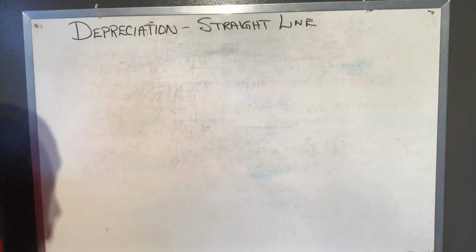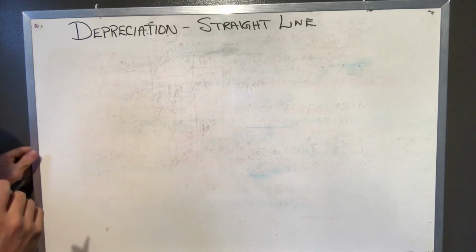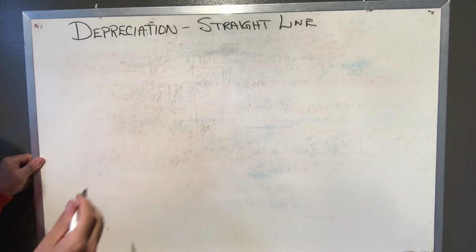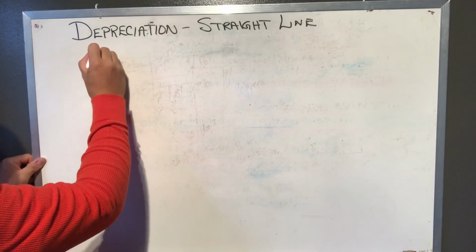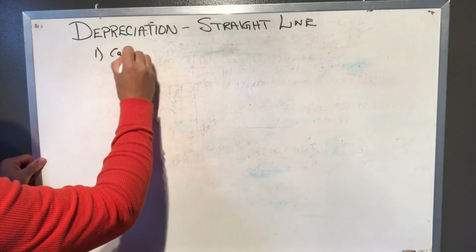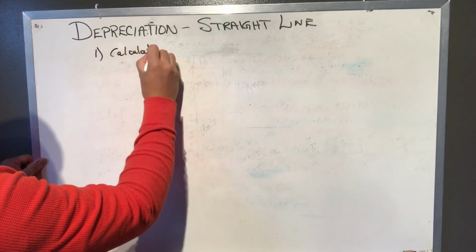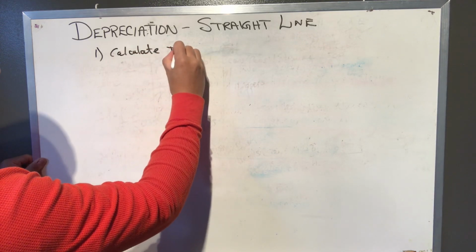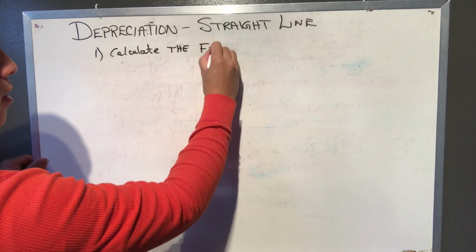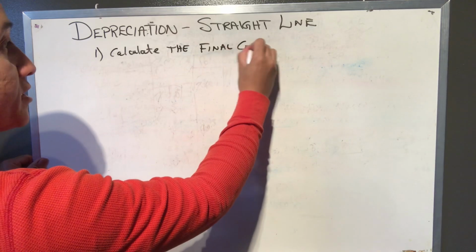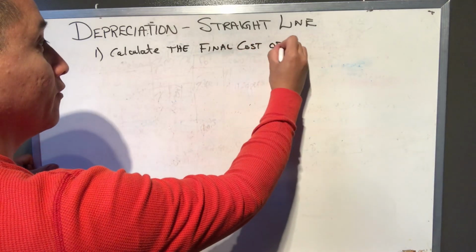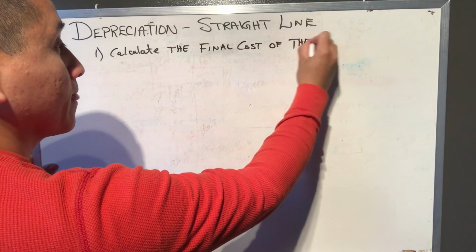So let's go through a numerical example. Normally, the first step is to calculate the final cost of the asset.